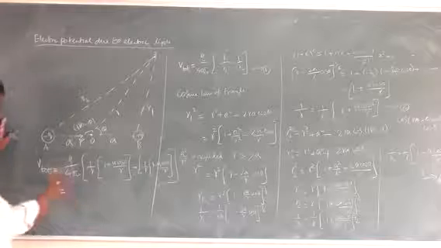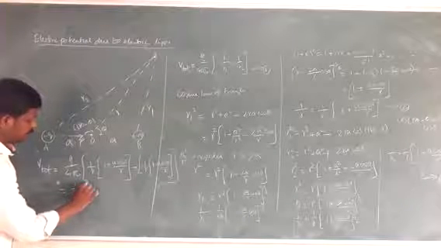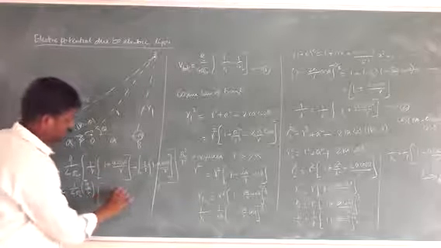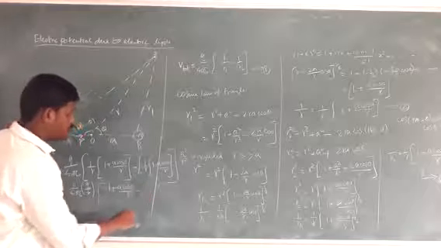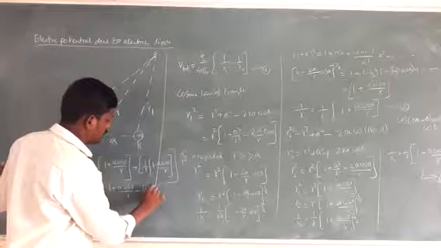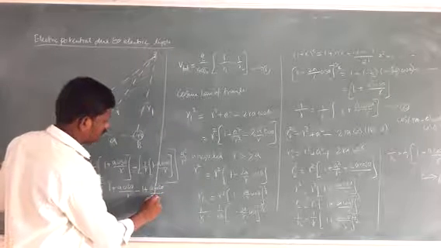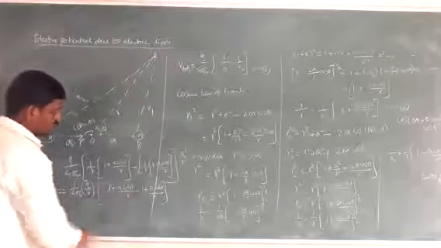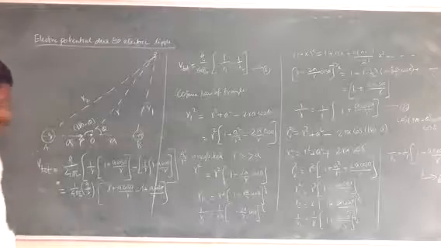So taking common 1 by r, 1 by 4 pi epsilon naught q by r into (1 plus a cos theta by r minus 1). So minus into minus is plus, so a cos theta by r. So plus 1 minus 1 cancel, so 2a cos theta by r.